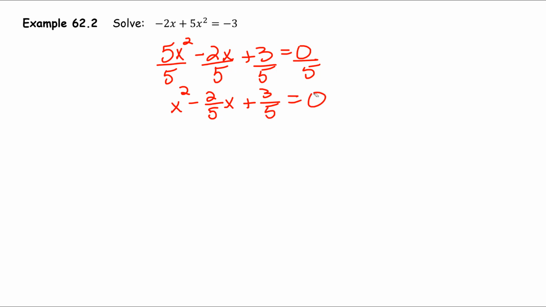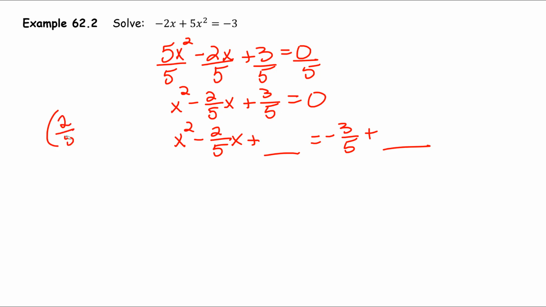And now we're going to move our constant to the right side of the equation and leave a blank here. So -3/5 plus blank. Again, the thing that we're going to add is half the x coefficient squared. And I'm going to notice that these 2's cancel, and 1/5 squared is 1/25.